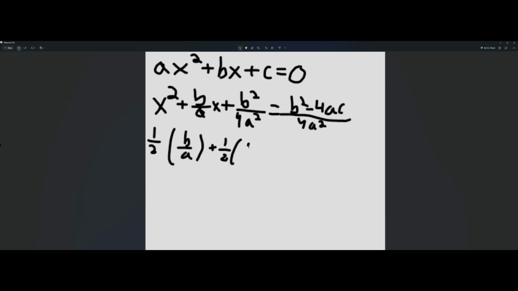This is essentially the same thing as b over 2a, right? One half times b over a. And if we add that by itself once, we're going to get b over a, which is our b term in our polynomial.